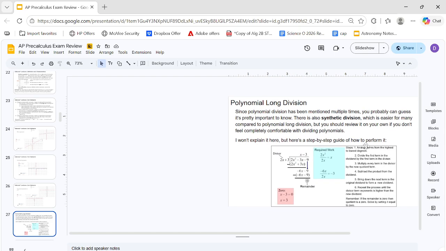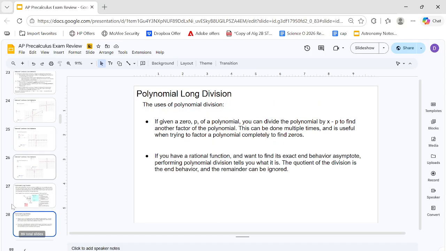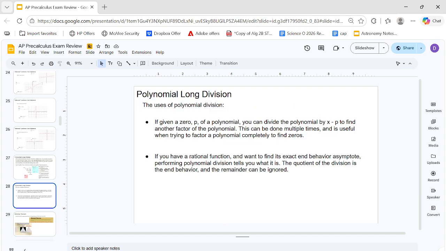Yeah, make sure to know polynomial long division. And yeah, if you have a polynomial, you can use polynomial long division to factor it. And also, when you're doing polynomial long division for a rational function, you can use it to convert it to another form.